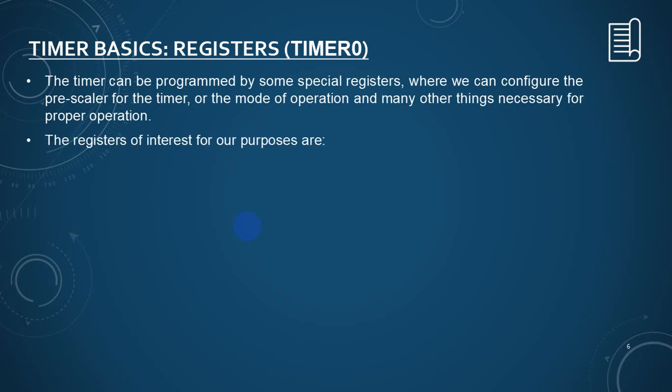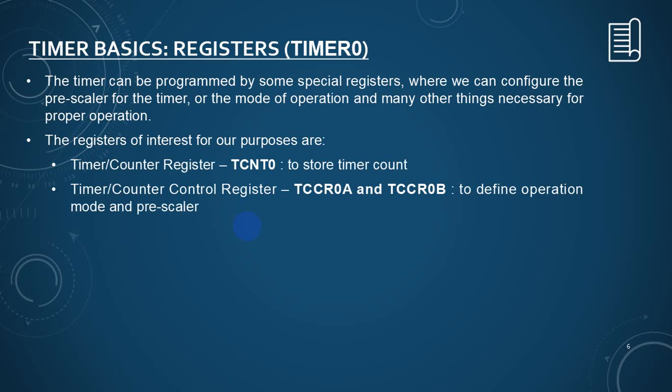The registers of interest for our purpose are the timer counter register, TCNT0, the main register that holds the count to store the timer count. Timer counter control registers TCCR0A and TCCR0B define the operation mode and prescaler.